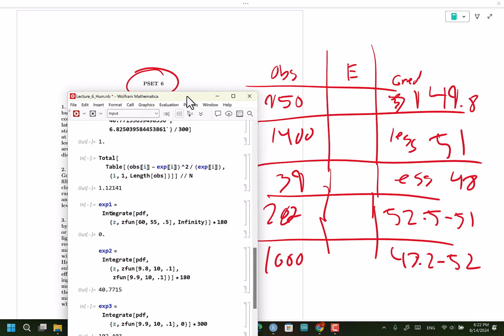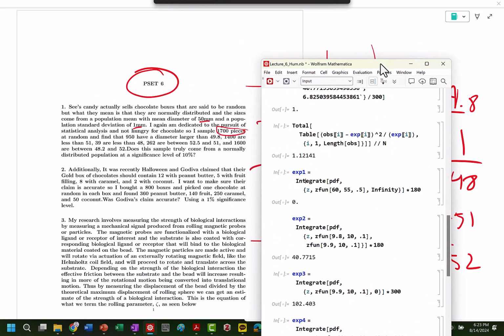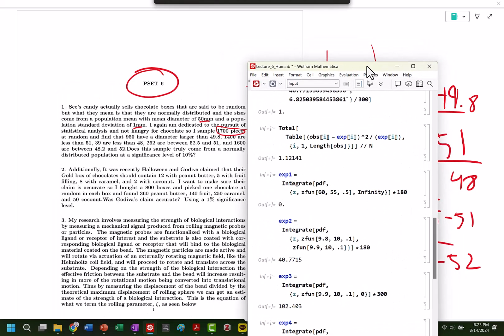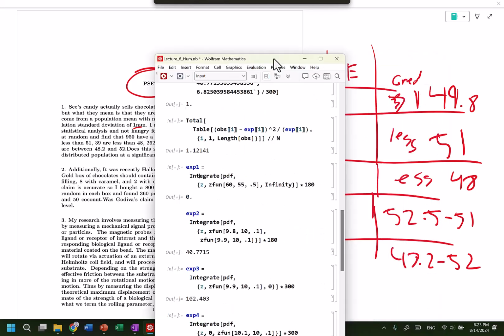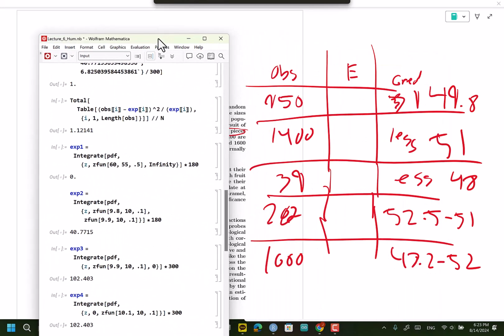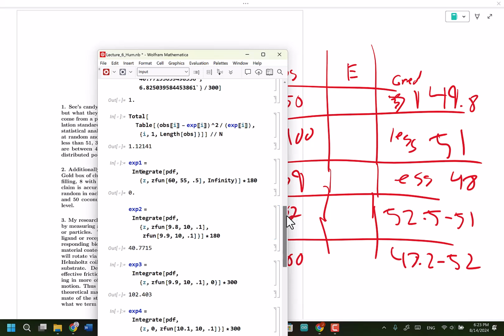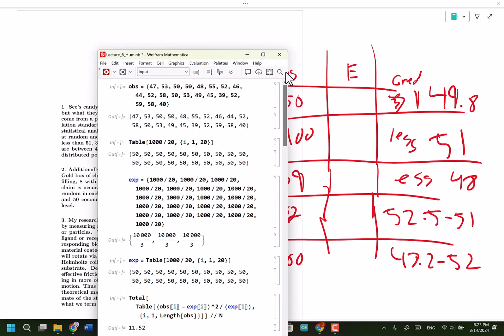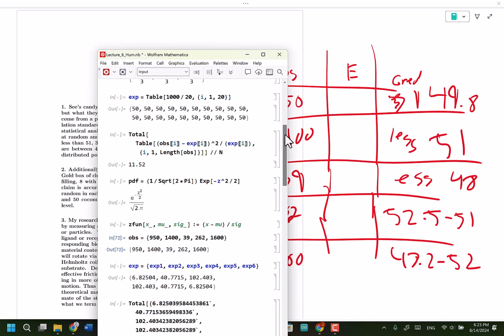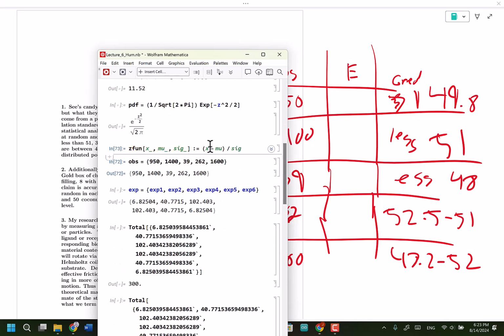So our expected values: we have a mean of 50 and a standard deviation of 1. So for the 950 greater than 49.8, expected 1. We have our z function, and let's make sure we shift enter our z function.